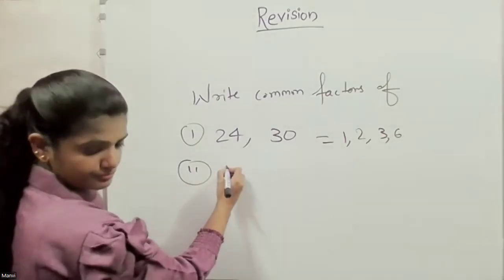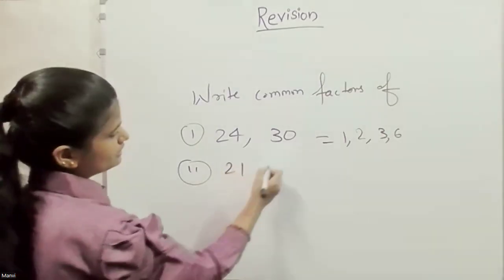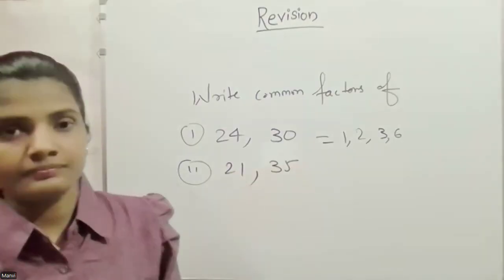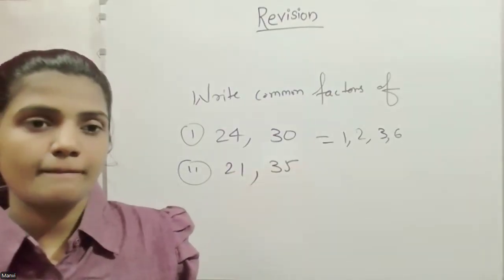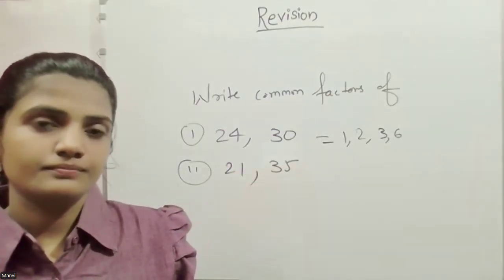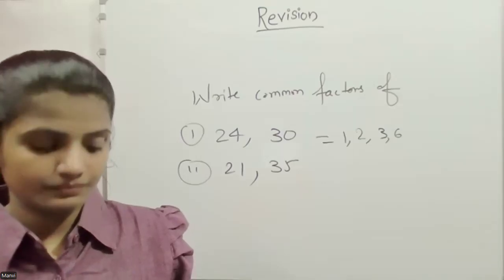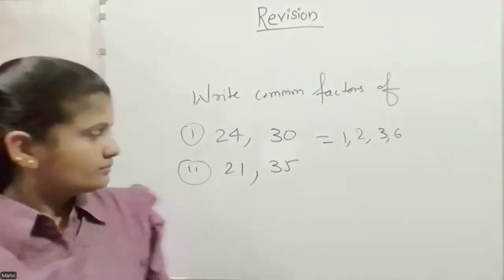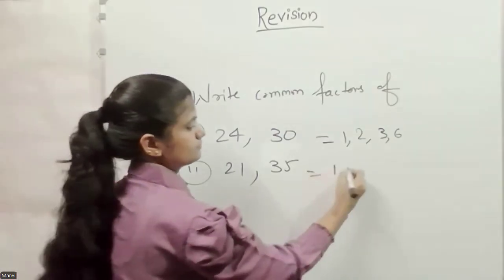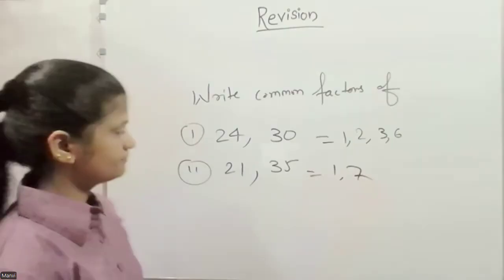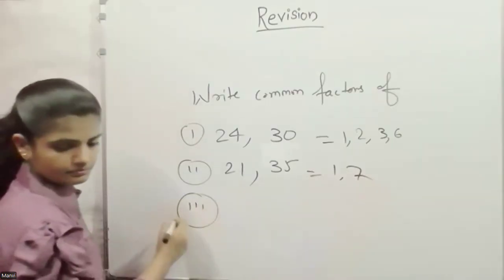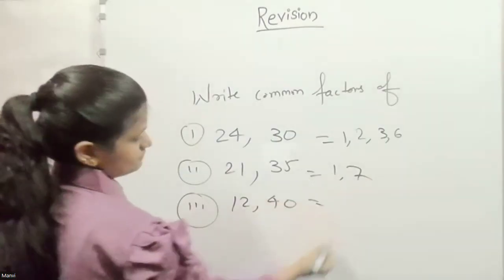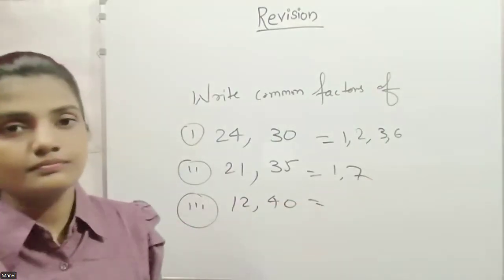Common factors of 21 and 35. Is it 1, 7? For this one?